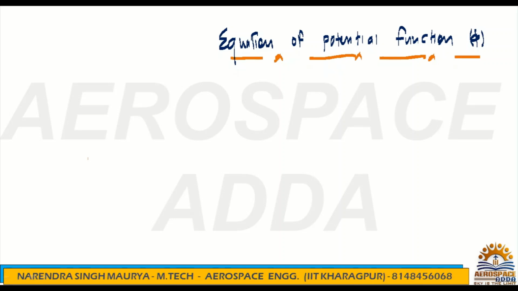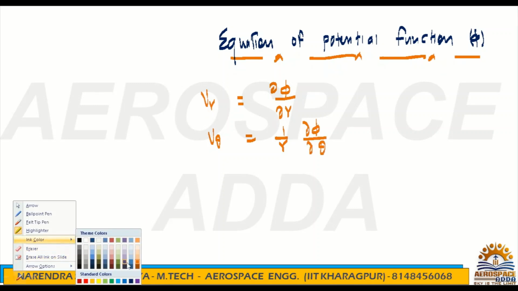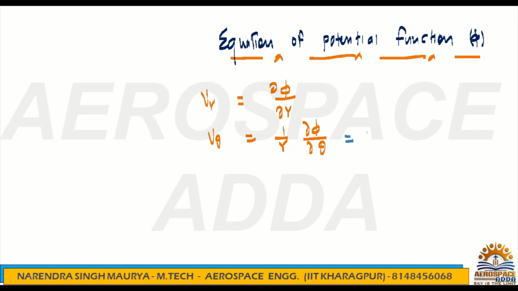What is the potential function? Here the radial velocity is involved, so we have to write the potential function in polar form. If you remember, the radial velocity was dou phi by dou r, and v theta was 1 upon r dou phi by dou theta. For radial flow, meaning source and sink, the tangential velocity v theta will be 0.